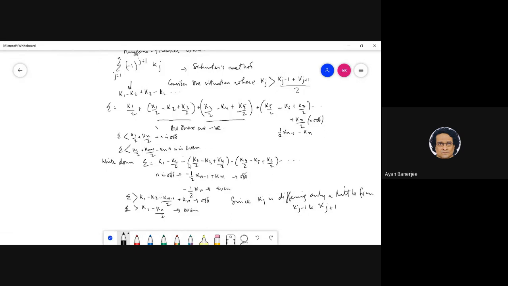Schuster's argument is that this is less than this and greater than this, so these are all very close to each other, and same for this. So his argument is that sigma is almost equal to k1/2 plus or minus kn/2, where plus is for odd and minus is for even.